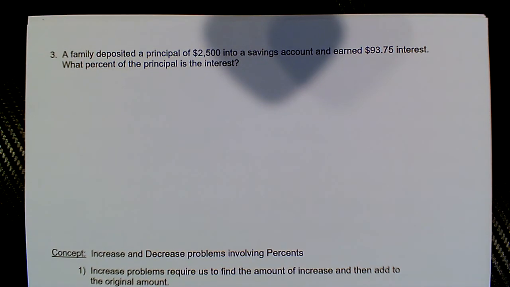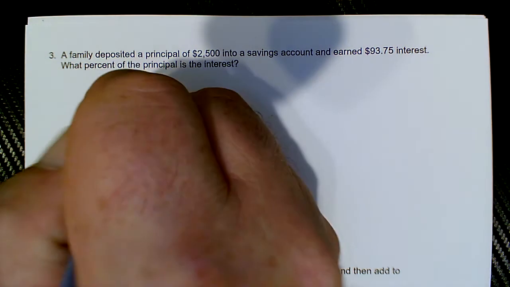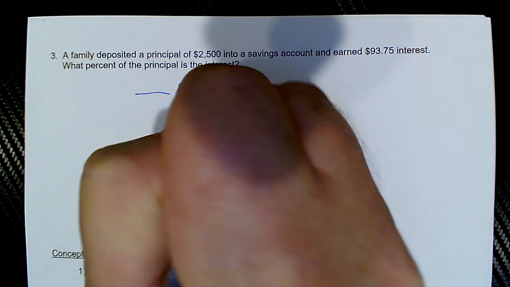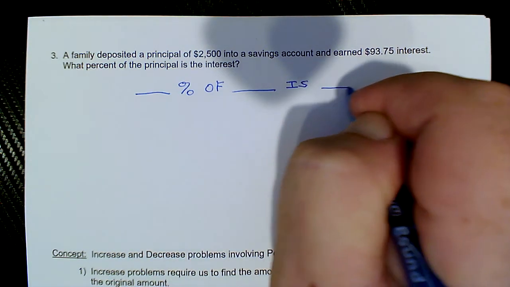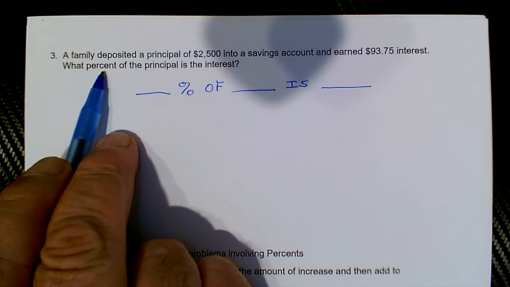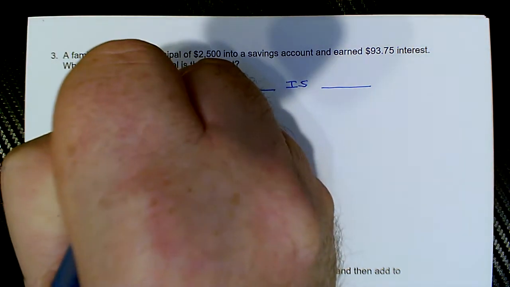What percent of the principal is the interest? So blank percent of blank is blank, and now we don't know the percentage. We're saying what percent, so we'll call that x.